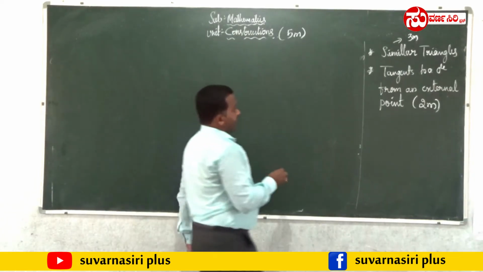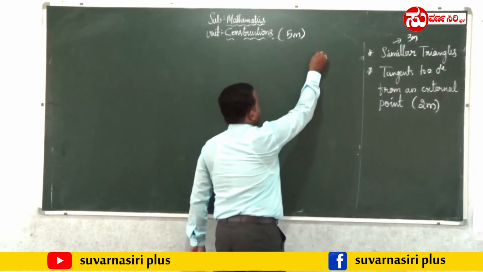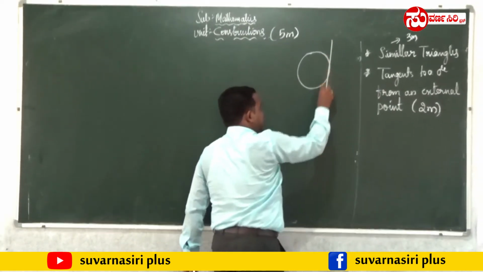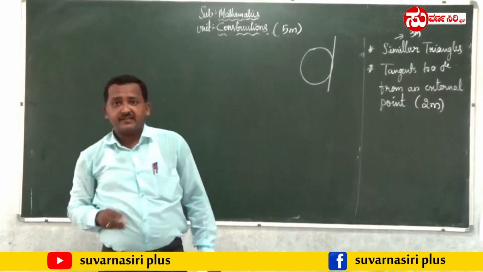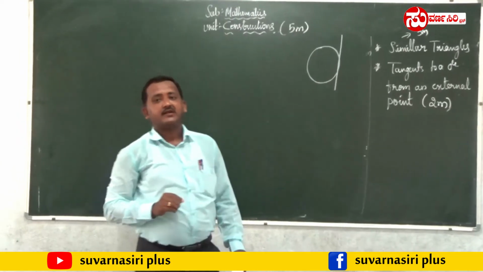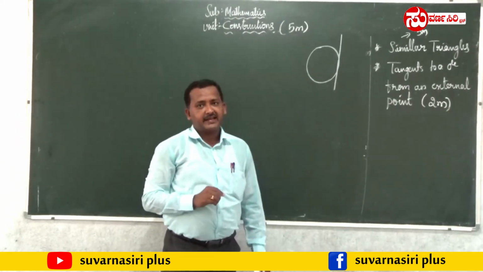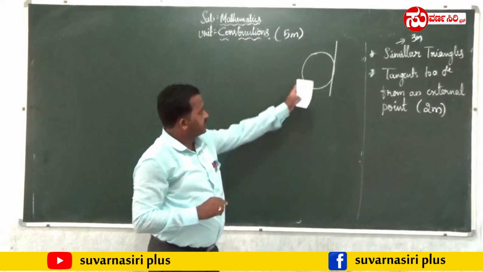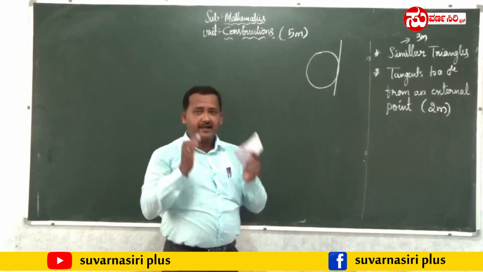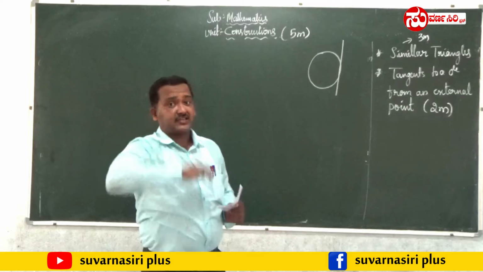You already have knowledge of a circle and a tangent. A tangent is a line which touches the circle at one and only one point. So that line is called a tangent. Now for that circle we are going to learn how to construct a tangent from an external point.